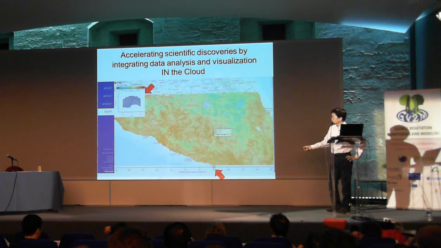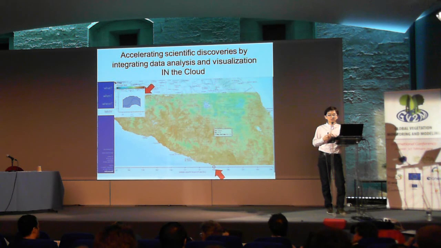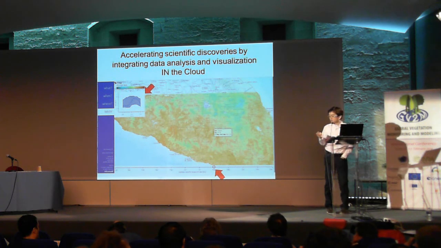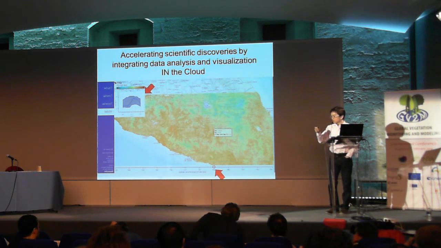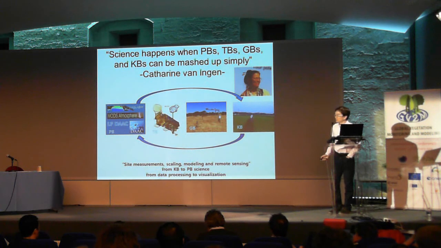I can move this button, and then I can change the map. This is August, but I can change to July, June. So this is not just showing; it can combine visualization and data analysis. So I think it is needed to accelerate scientific discoveries.